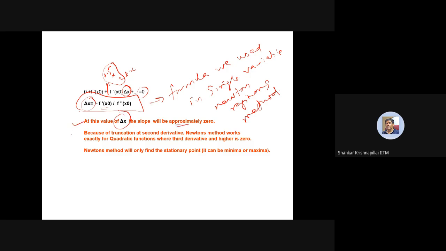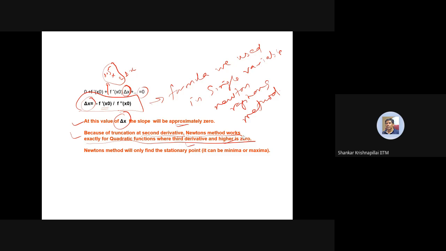Secondly, because of the truncation at the second derivative, Newton's method works exactly for a quadratic function, because in a quadratic function you can get only up to the second derivative. Third and fourth derivatives all become 0.